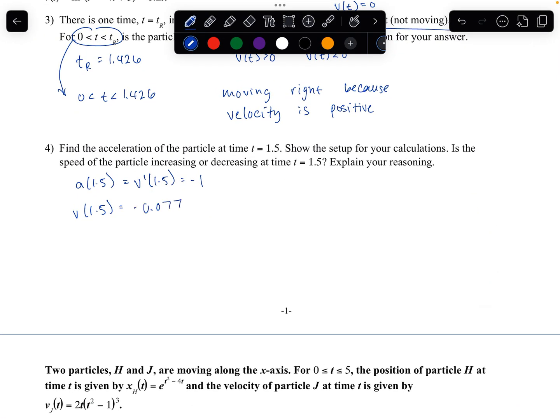So both are negative. Both velocity and acceleration are negative. So the particle is speeding up.